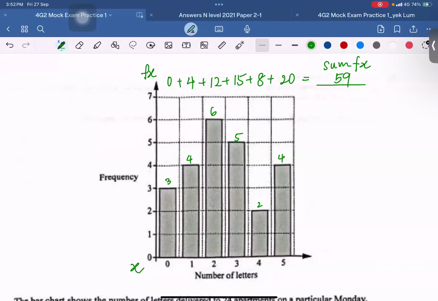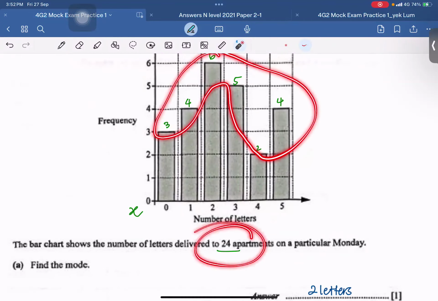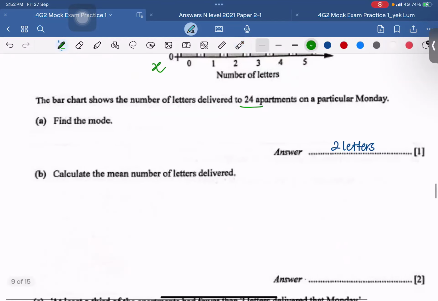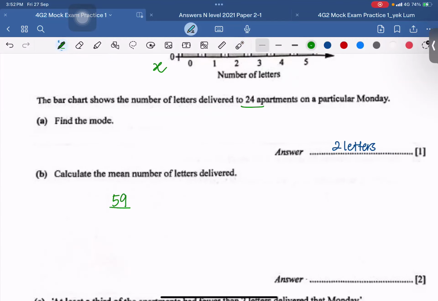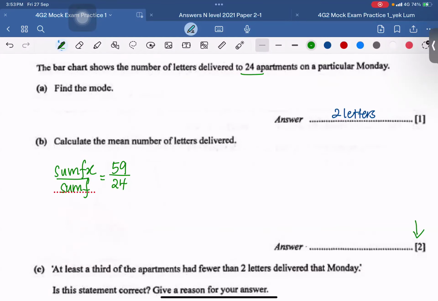Okay. And then how many apartments are there in total? You add up the total frequency over here, you'll get 24. So the mean is 59 over 24, sum fx over sum f. All right. Those of you who use the calculator directly, no problem. But just a word of caution, if in the exam the teacher asks you for 2 marks, you might need to show working.